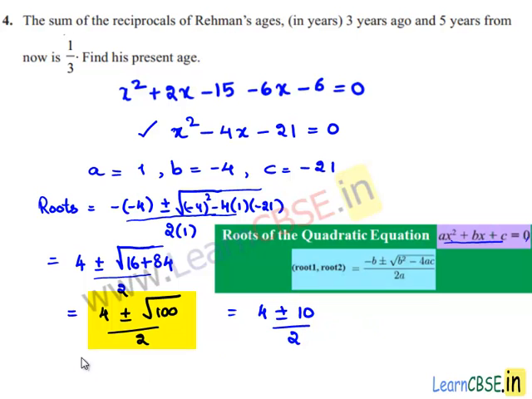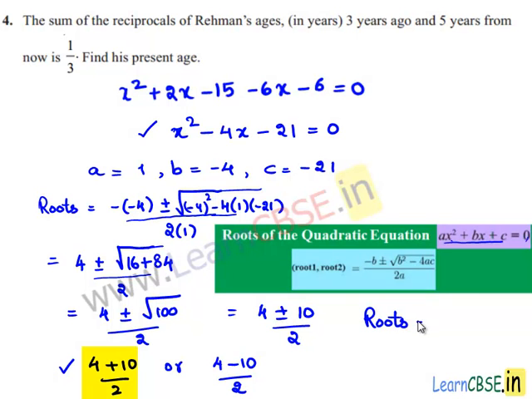So the roots can be 4 plus 10 divided by 2 or 4 minus 10 divided by 2. So if we take 4 plus 10 divided by 2, the roots will be 10 plus 4 is 14, 14 divided by 2 is 7, or 4 minus 10 is minus 6 divided by 2 is minus 3. Since the age of the person cannot be negative, minus 3 can be ignored.